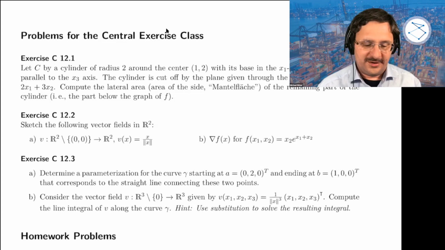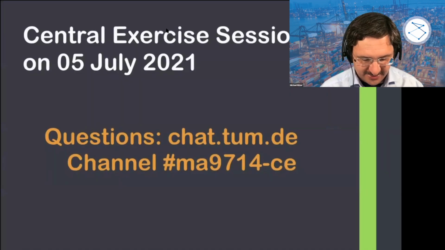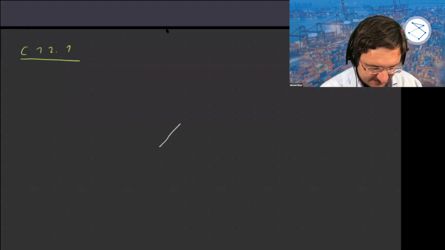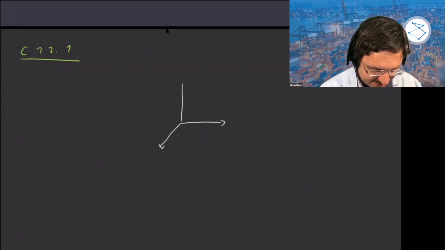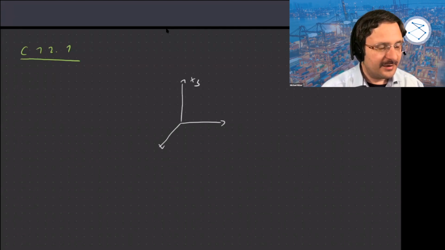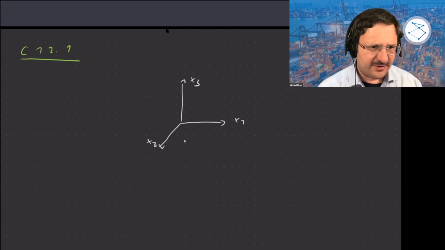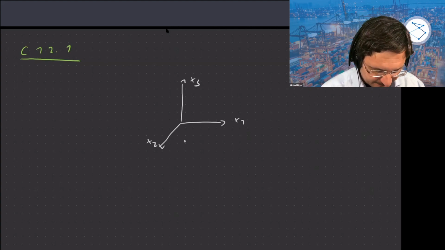And basically that amounts to computing a line integral. That's what we'll do first. So C12.1. Again, all we have here is, let's say this is the x1, x2 plane. This is x3. So this is x1, this is x2, and we have 1, 2. So the center is about here. And we have a circle around that center.